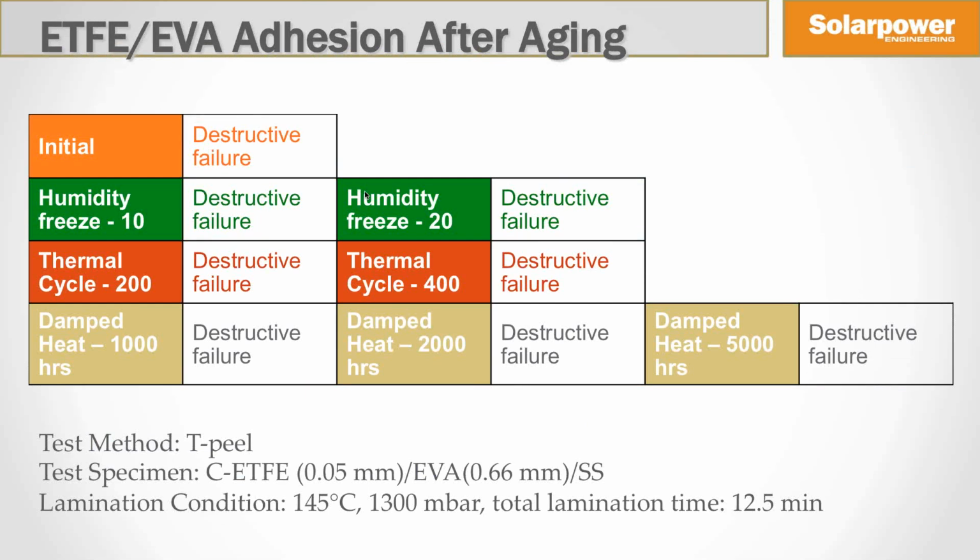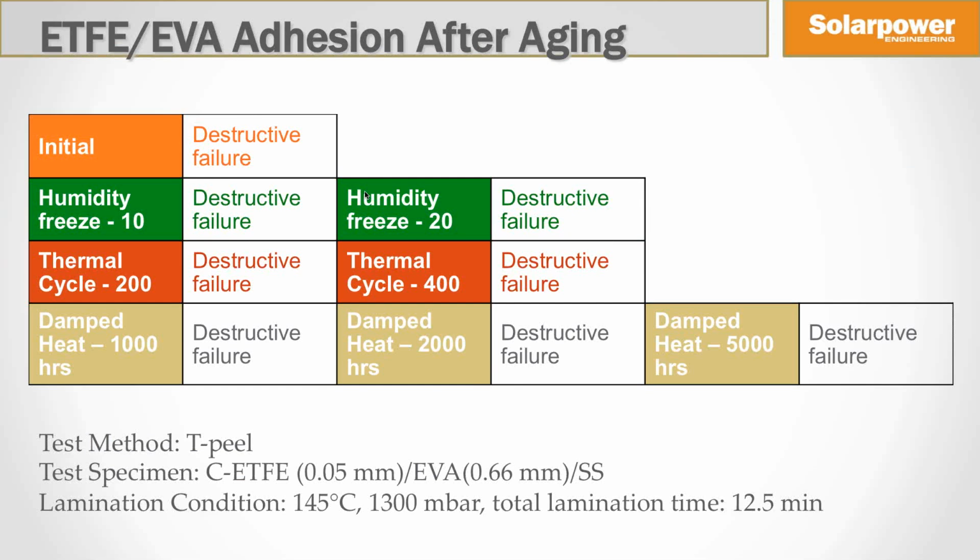Hence, at Saint-Gobain, we treat the front sheet ETFE with a proprietary treatment that ensures superb adhesion to different encapsulants such as EVA. The bond between the fluoropolymer film at the top and EVA is a critical bond to prevent delamination during different weathering cycles.